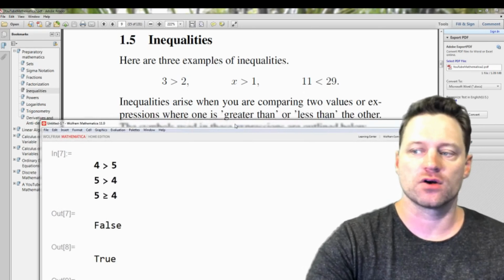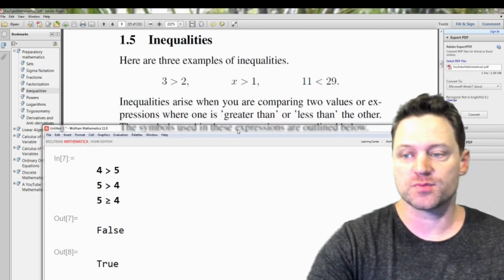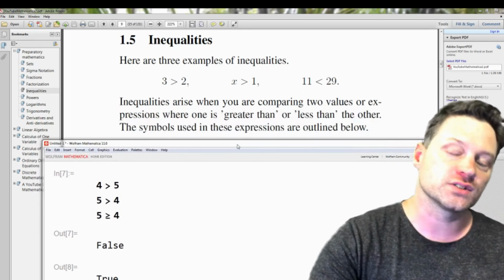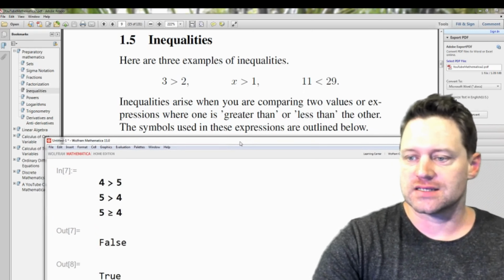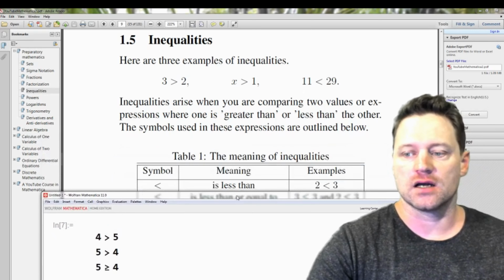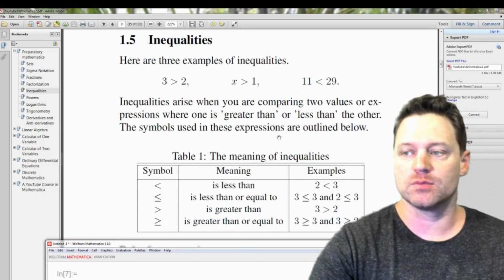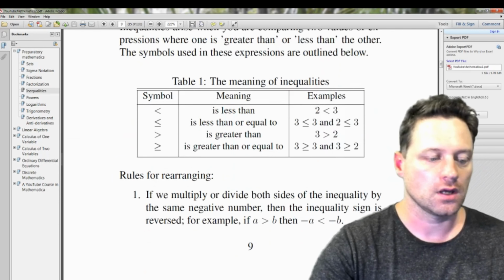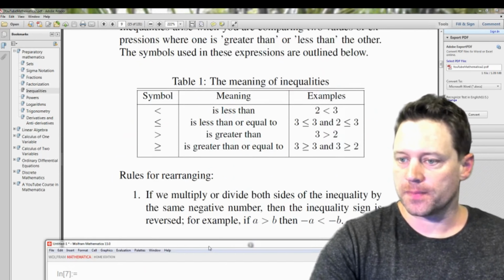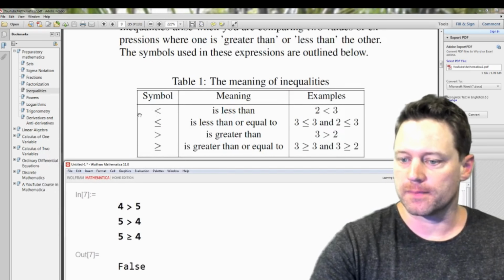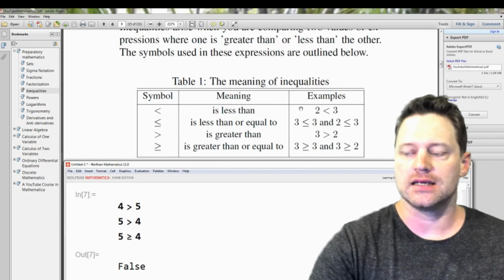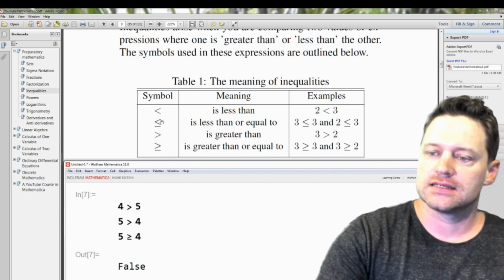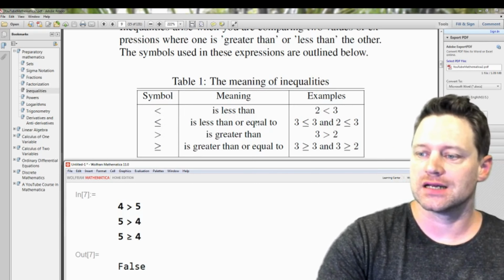Inequalities arise when you're comparing two values or expressions where one is greater than or less than the other, or equal to. The symbols used in these expressions are outlined below. I've got a little table saying what the meaning of these are, so I'll read that to you. This symbol here is less than. For example, 2 is less than 3. Next is less than or equal to.